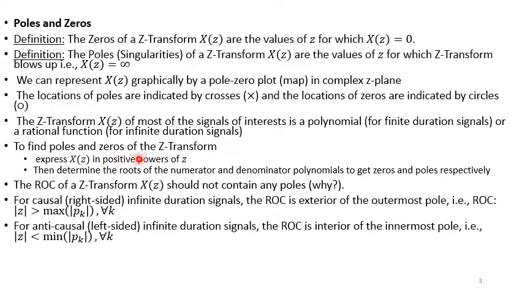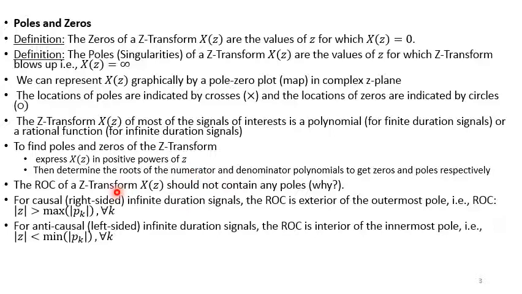To find poles and zeros of the Z transform, express X of Z in positive powers of Z. Then determine the roots of the numerator and denominator polynomials to get zeros and poles respectively. That means the roots of the denominator polynomial will give you poles, whereas the roots of the numerator polynomial will give you the zeros.